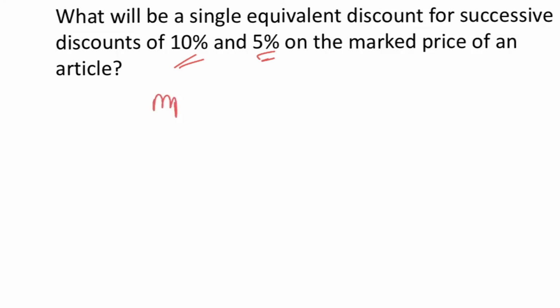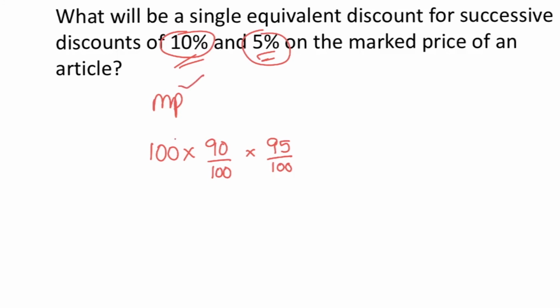Suppose the market price is 100 rupees, how much discount is applied initially? 10% discount is applied. 10% discount results in 90% of the value. After that, 5% discount is given. 5% discount results in 95 by 100. So on a product worth 100 rupees, the selling price is how much?